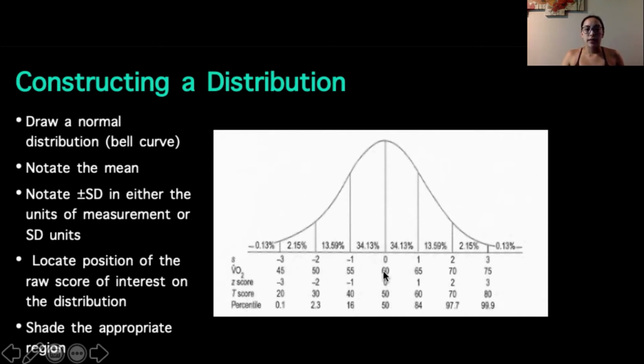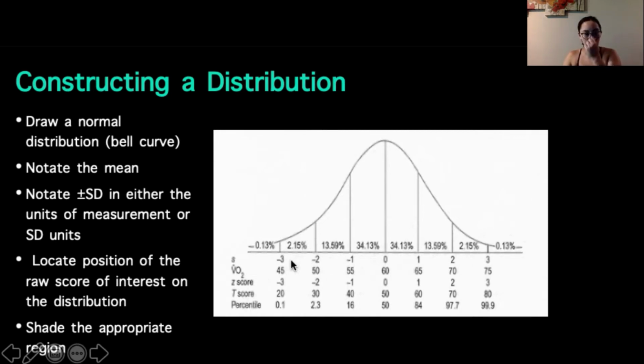And then from there, you notate plus or minus standard deviations in either the units of measurement or the standard deviation units. So in this case, we can see that our standard deviation is 5. So you can either say 60 plus 5, 65 plus 5, and keep adding 5 as you move to each standard deviation, or you can just stick to 1, 2, and 3, and minus 1, minus 2, minus 3.